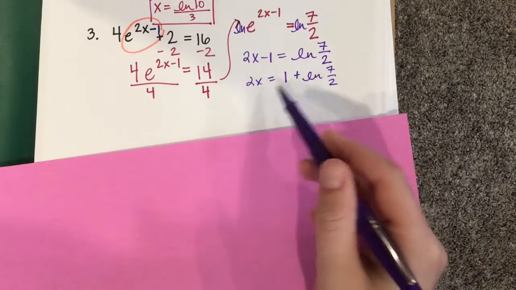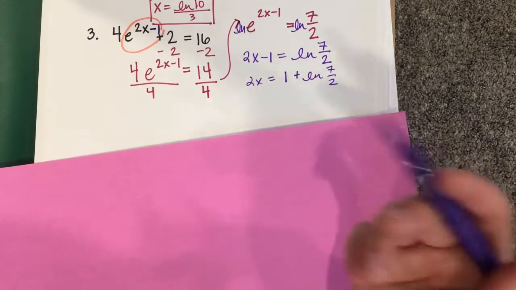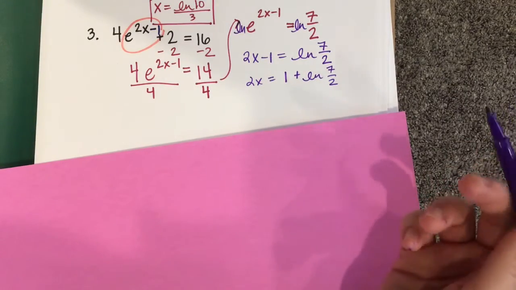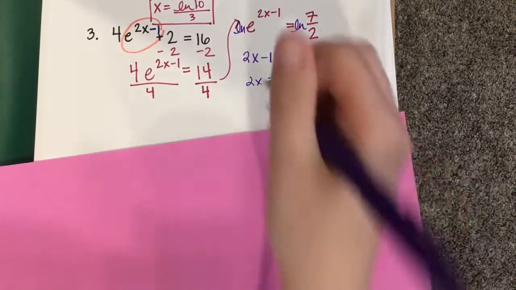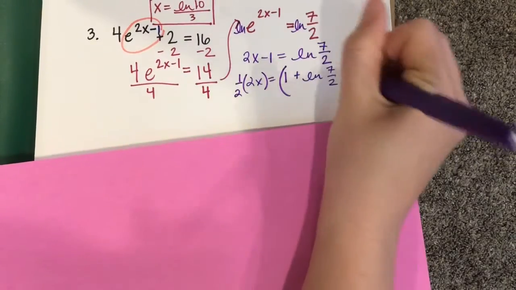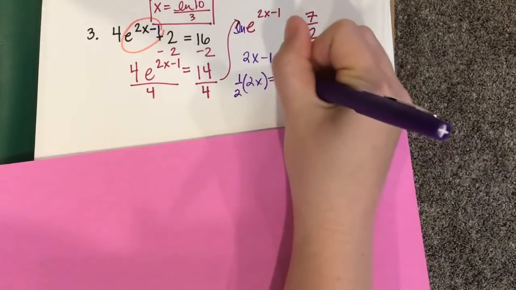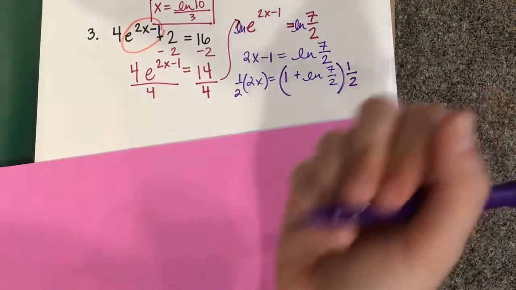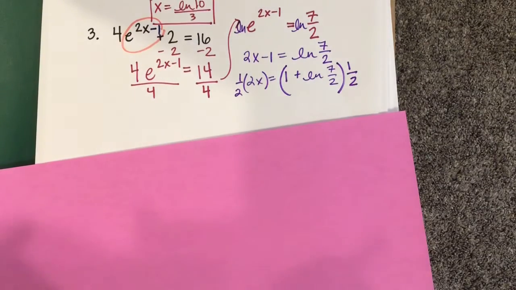So I can just divide both sides by 2. The problem is when I put it into my calculator, that's going to make things a little more challenging. So it's not wrong to do it that way, but I would suggest putting the parentheses here and then the 1/2 on the outside.